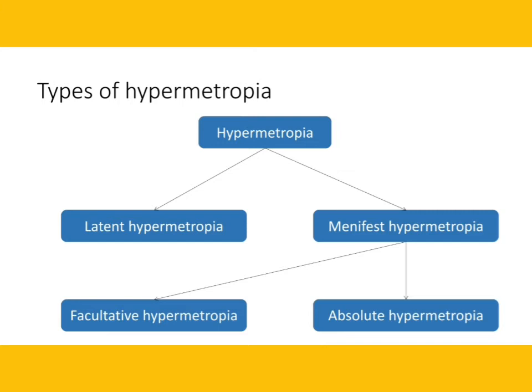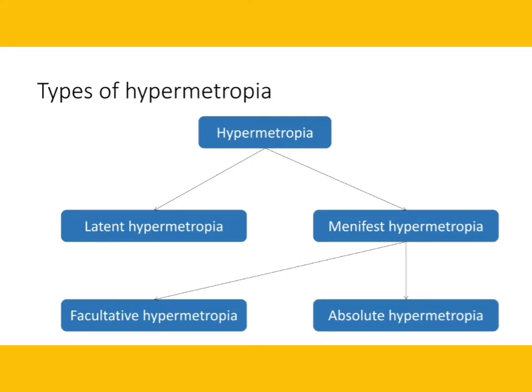But now when the person is doing near work or close work, then he needs more accommodation power because he is already doing accommodation for distance. Now he needs more accommodation for near, so in some patients it is not available, and this is why they feel difficulty to see the near object. Okay, so this is latent hypermetropia.